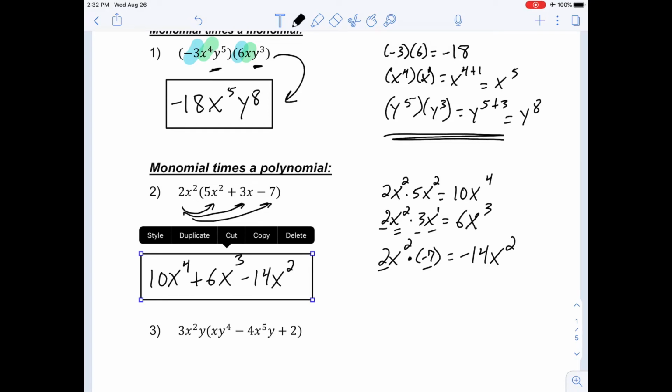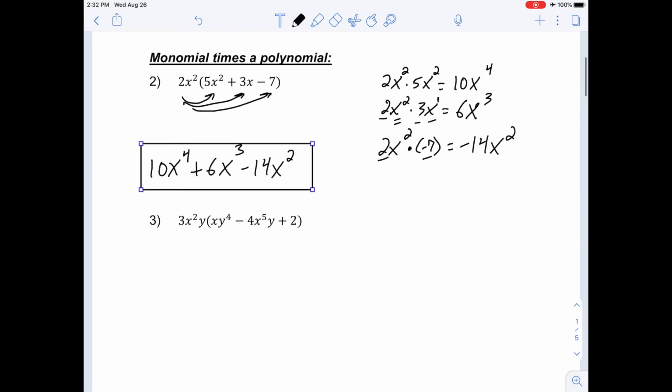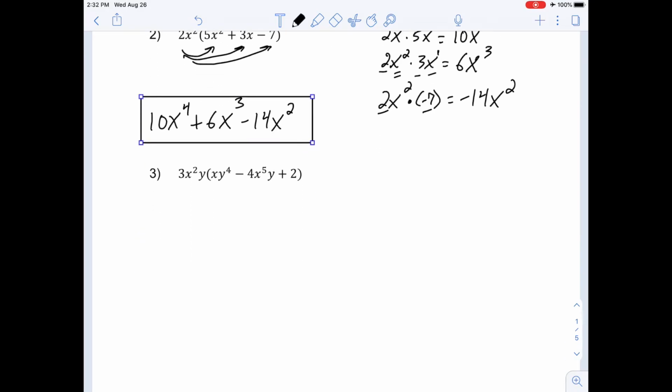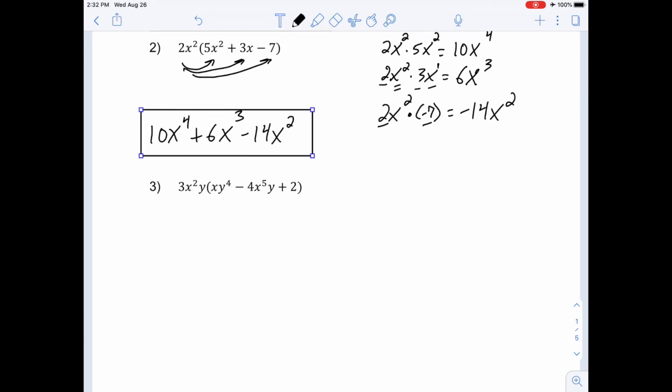All right, so then let's go to the last one here. The only difference between 3 and 2 is that we have 2 variables instead of 1. It's really the only difference here. So we have to go ahead and do the distributive property, and that'll give us our answer when we simplify. So we have 3x squared y times xy to the 4th.